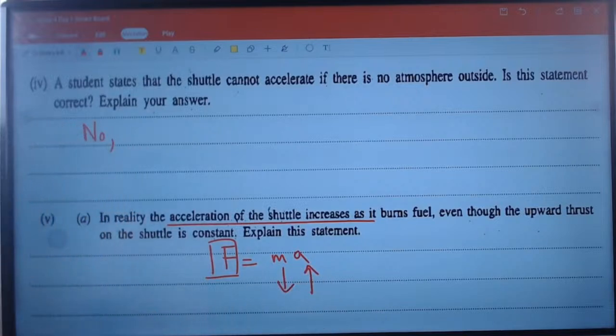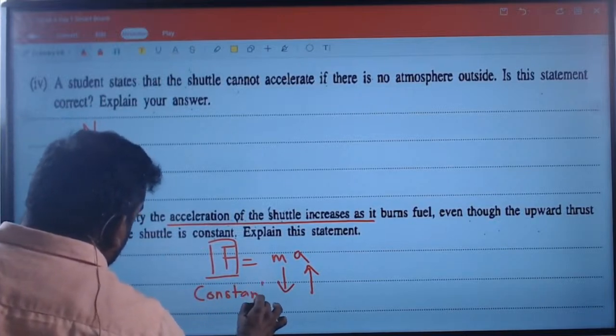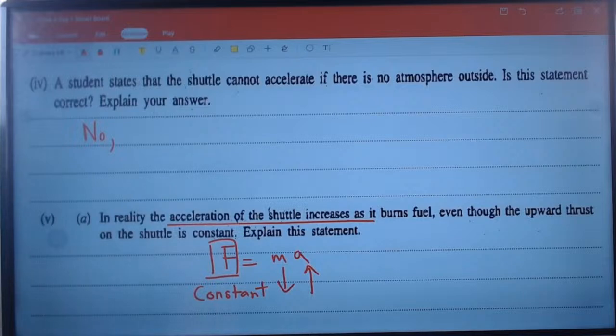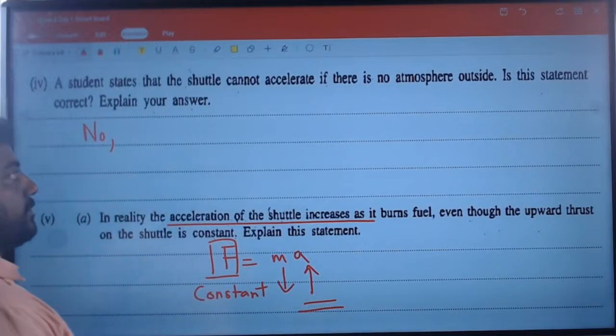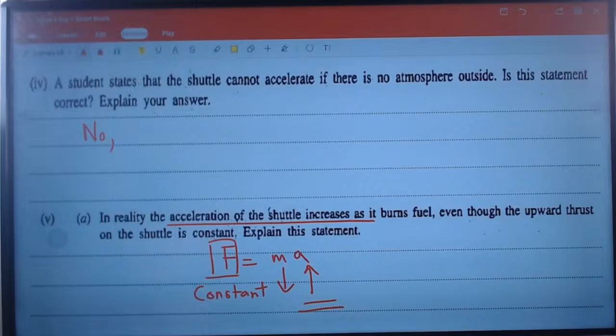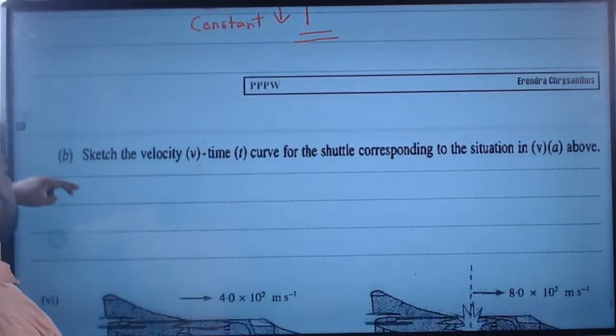According to the equation F equal to ma, if the thrust force is kept constant, when the mass reduces, the acceleration will increase.